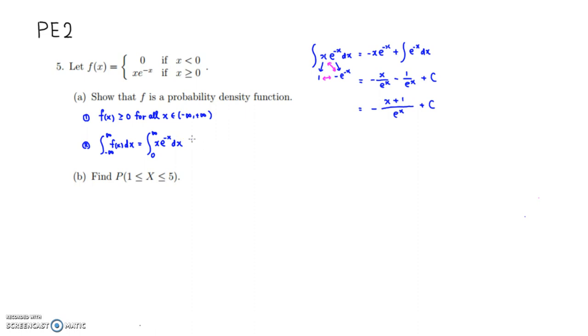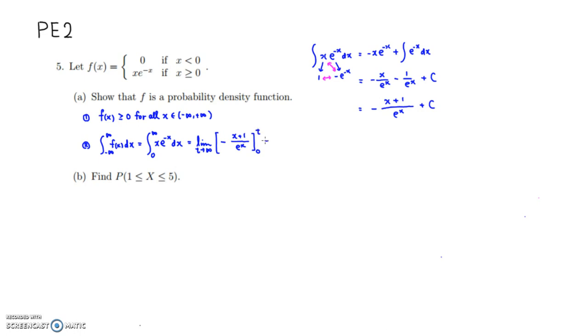In order to evaluate this, we're going to take the limit as t approaches infinity, and the antiderivative we found is negative x plus 1 over e to the x, going from 0 to t.